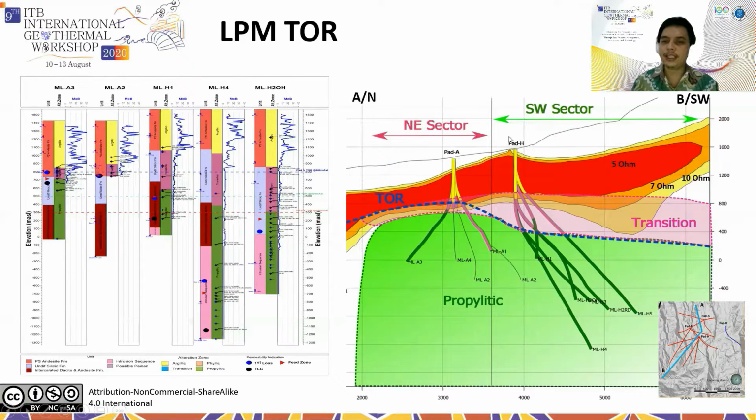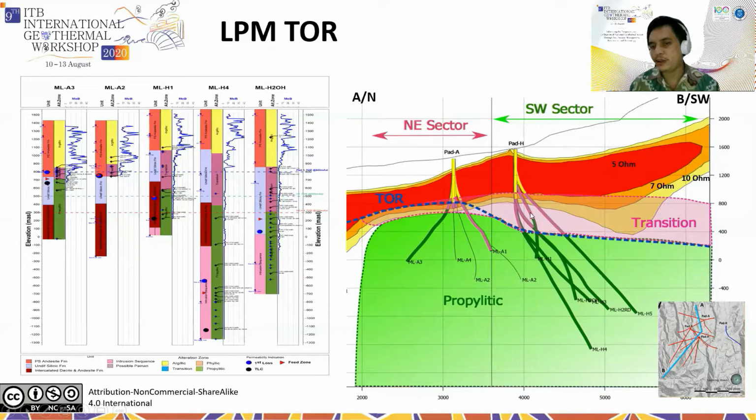Looking at the cross sections on the northeast sector in the north and the southwest sector in the southwest, we can see that the top of reservoir is shallower in the north and becomes deeper in the south. The top of reservoir in the northeast is composed of transition alteration zone because of the deposition of calcite.